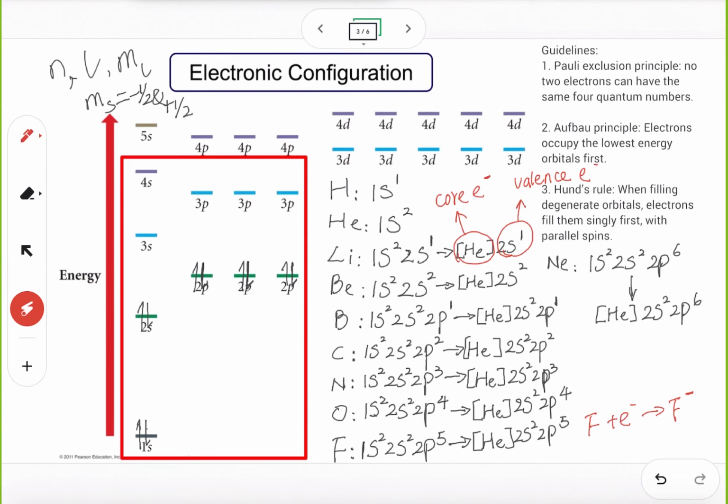Okay, and let's use carbon as an example. Again, this helium noble gas core is not going to be part of the chemical reactions for carbon, but the 2s2, 2p2 electrons are going to be part of the chemical reactions. In some reactions, carbon will get electrons. For instance, if it gets one more electron, it becomes an anion.